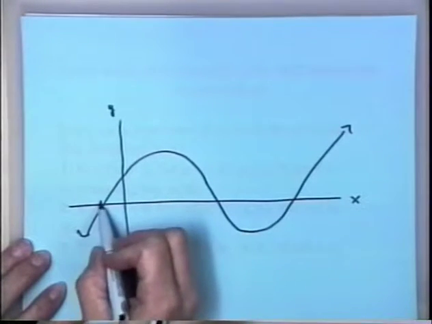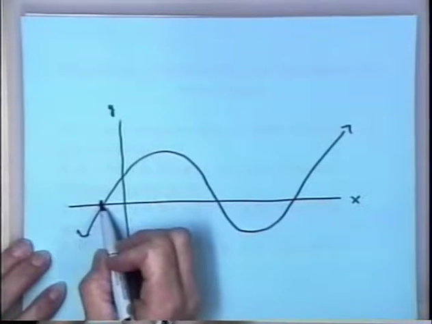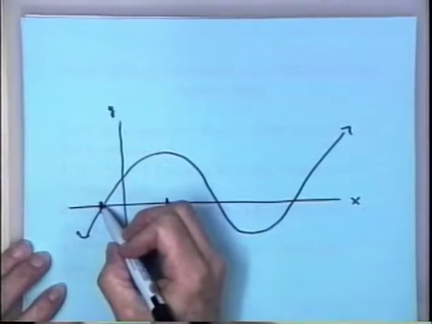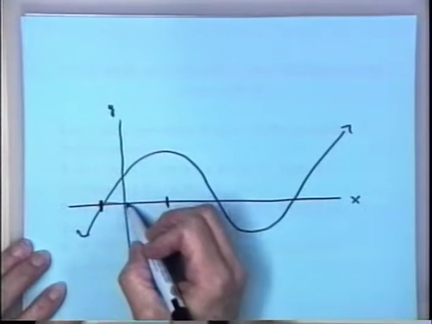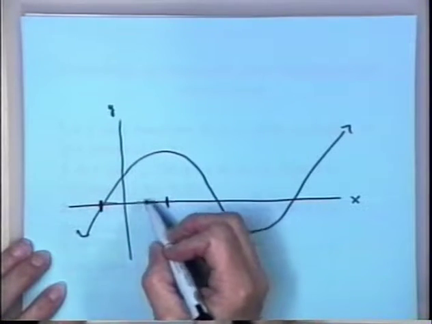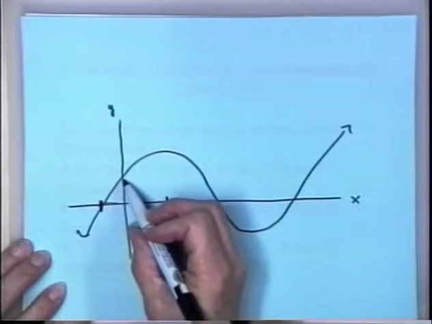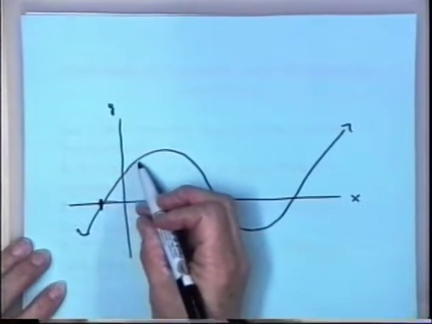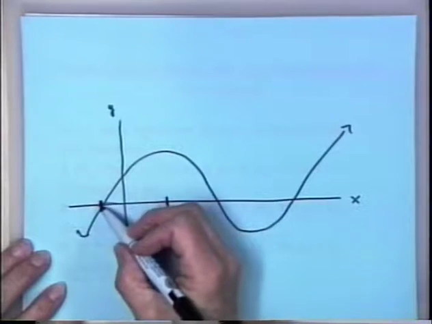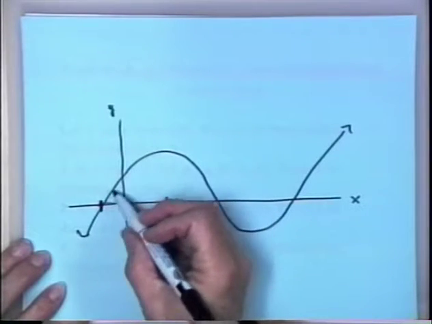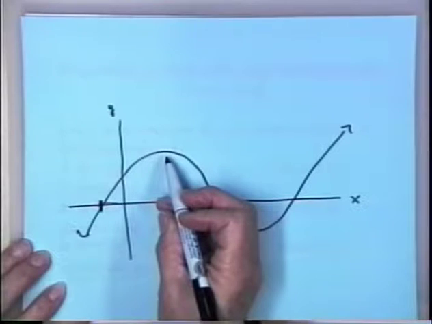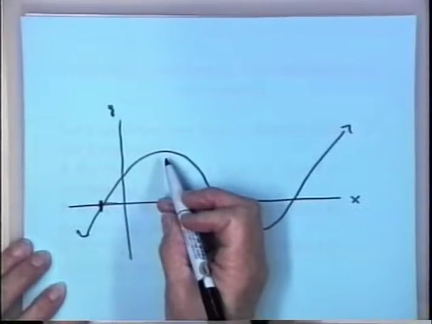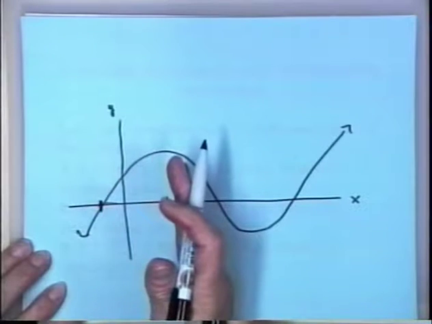Notice that from this x value right here till we get about right in here, as we move from left to right with our x values, our y values are getting bigger, aren't they? In other words, the leftmost y values are below the rightmost y values. So this segment of our graph is increasing. You can think of it as the graph going up as we move from left to right.